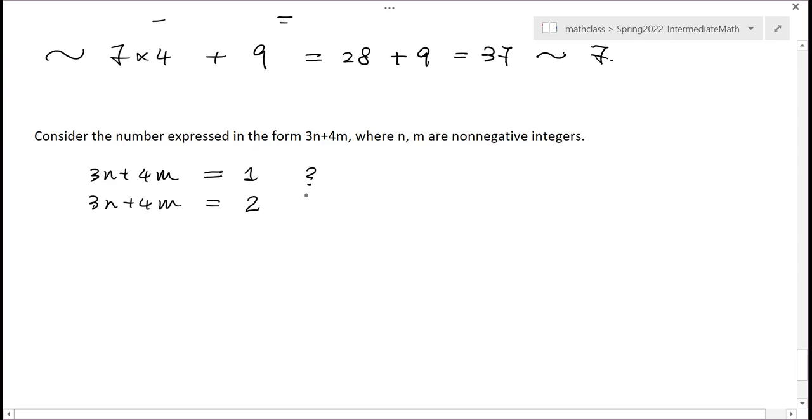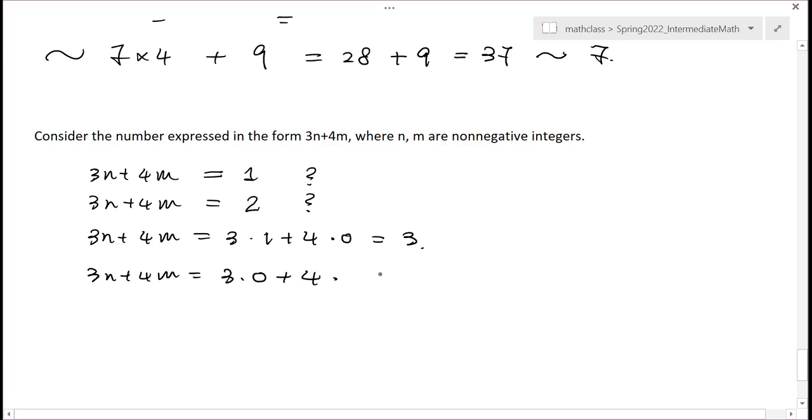But 3, yes: 3 times 1 plus 4 times 0. And 4 can be written as 3 times 0 plus 4 times 1.